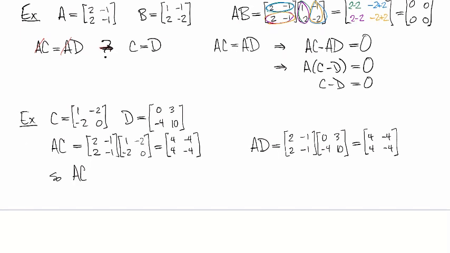So AC is equal to AD, but as you can see, C is definitely not equal to D. So that cancellation property no longer holds.